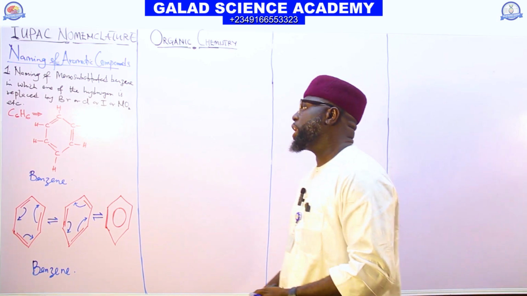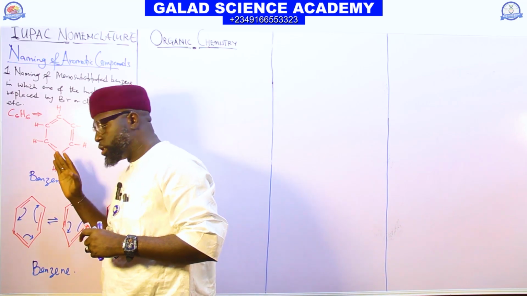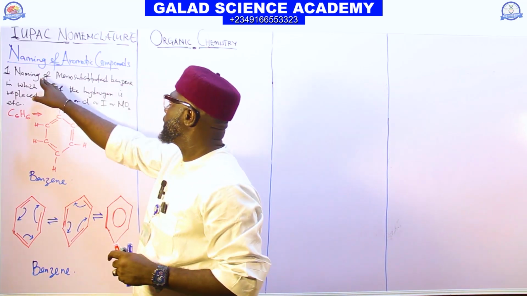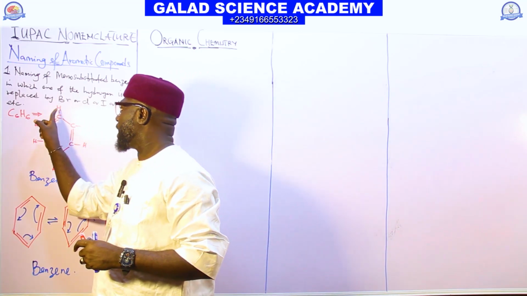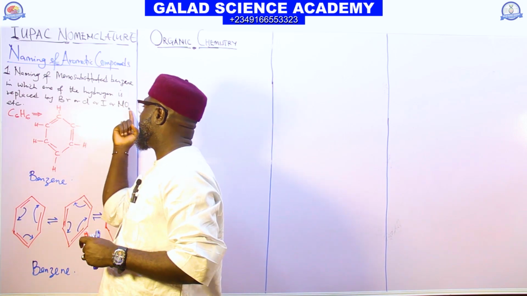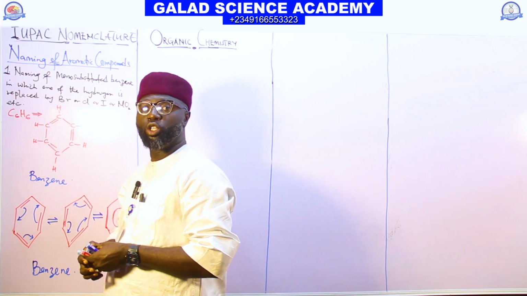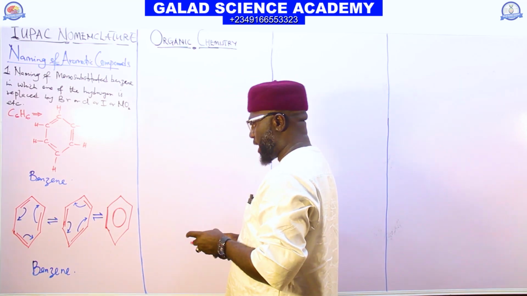Good. So if I want to name the monosubstituent of benzene, if I remove one hydrogen here and I place any one of these here, we call it monosubstituted. In what way? Let's look at the example here.